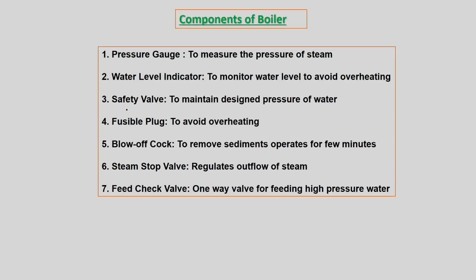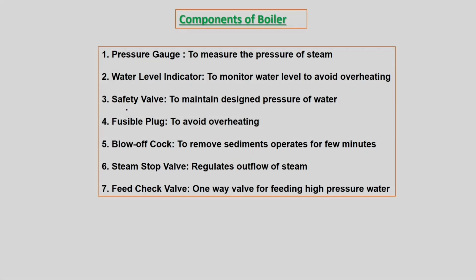Then what are the components of the boiler? As we had seen, drum was one of the components, but within the drum we have many attachments, and some attachments which are integral part of any boiler, they are called as mountings, and then some attachments which are extra, those are called as accessories.